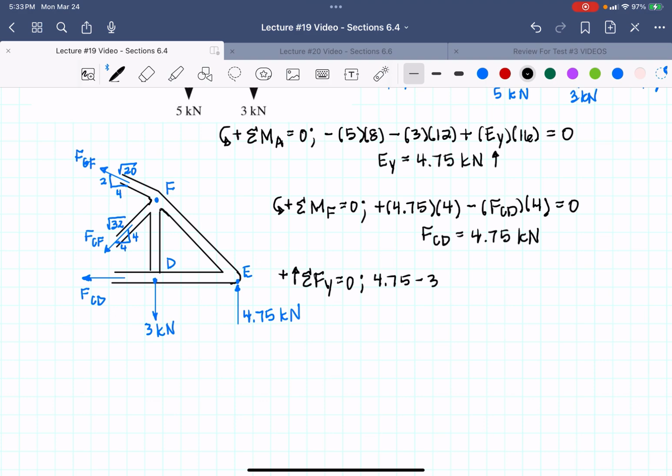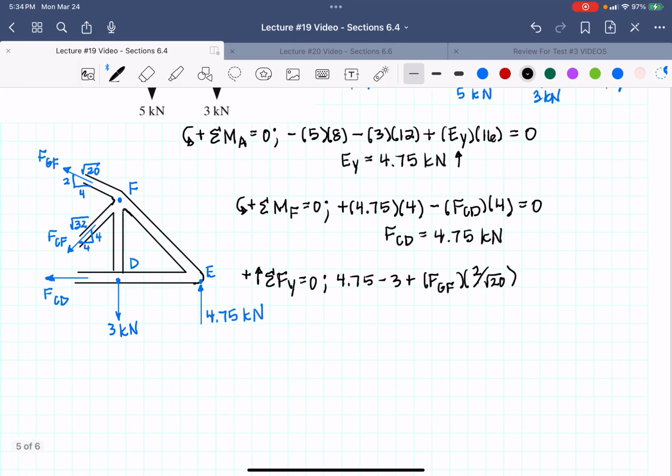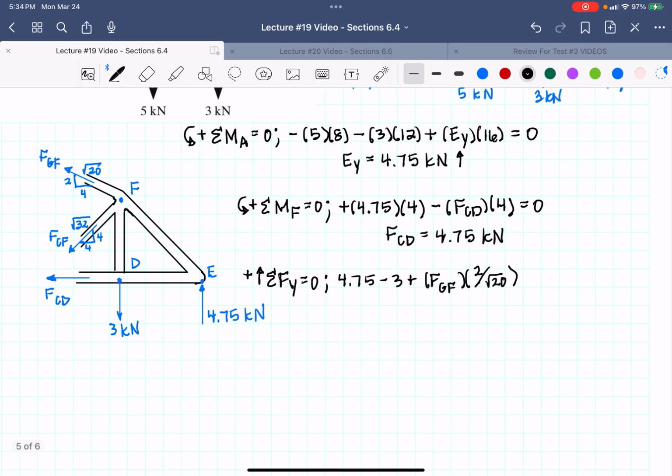Then we've got the positive component of FGF times 2 over the square root of 20. And then we've got, going downward, so negative FCF times 4 over the square root of 32 equals 0.